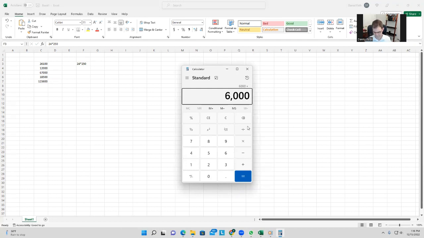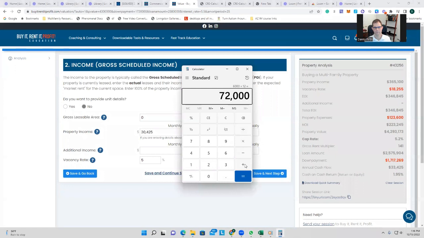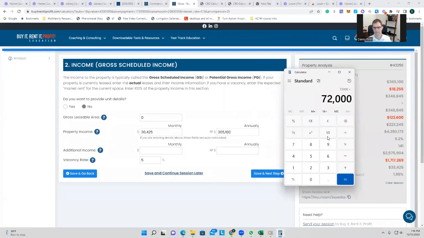And then you take that and you times it by 12 months. And so you get 72,000. And so let's see what happens when we increase the annual income by 72,000. So 365,100 plus 72,000 is 437,100.